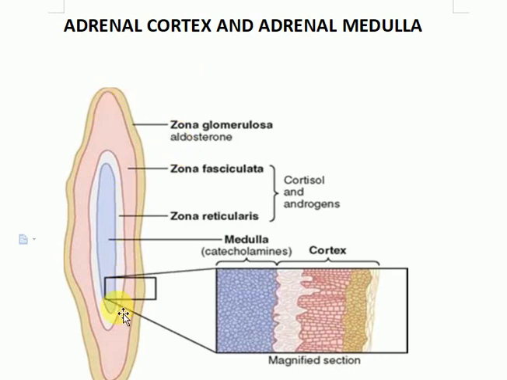It has three zones as shown in this image: zona glomerulosa, the outer one, then the zona fasciculata, and finally the zona reticularis. Zona glomerulosa is responsible for the synthesis of mineralocorticoid, or aldosterone. Zona fasciculata and reticularis are responsible for the synthesis of glucocorticoids and the androgens.